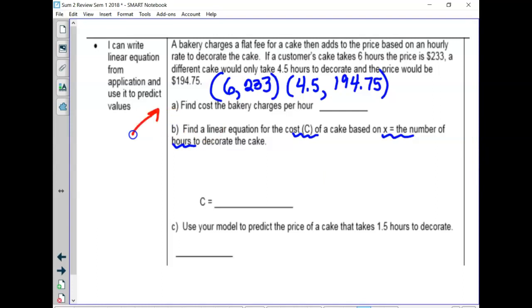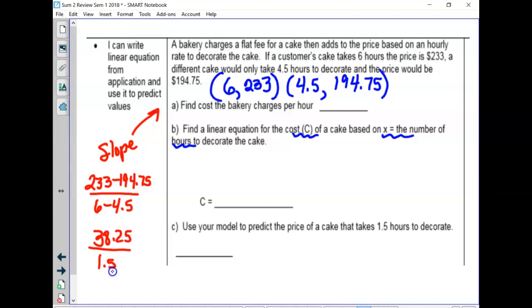The cost per hour is really just the slope. Yeah, the rate of change or the slope. Yep. 233 minus 194.75. Please, someone have a calculator. 38.25 over 1.5, and yep, I give up now, because that's not nice. 25.5?